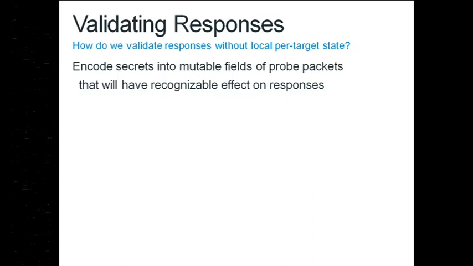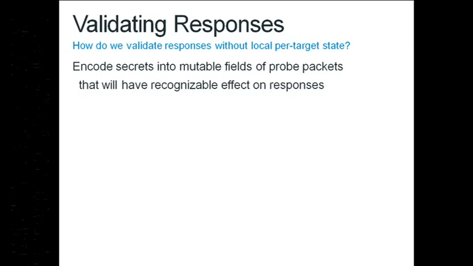We need to differentiate responses that are a result of our probes from any other traffic we might be receiving, including the noise that happens after we run a big internet-wide scan. Some people are going to scan us back, some people are going to be trying to DOS us, some people will be connecting just to see why they got a probe packet, and so forth.